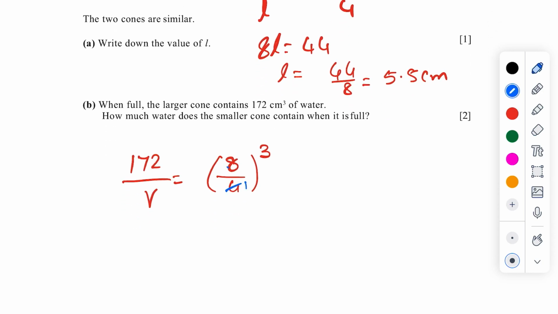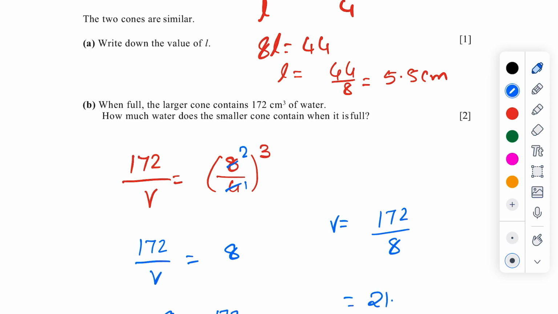So 4 times 1, 4 times 2. 172 upon V equals 2 cube. 2 cube is 8. 8V equals 172. So V equals 172 divided by 8, which gives me the answer 21.5 centimeter cube.